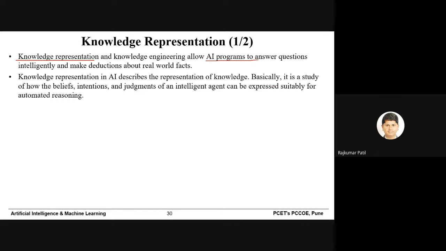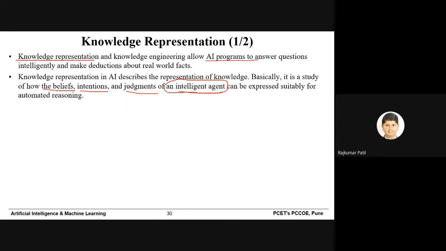Basically, knowledge representation is a study of how beliefs, intentions, and judgments of an intelligent agent can be expressed suitably for automated reasoning. When we say intelligent agent, it could be an intelligent system, for example a robotic system, or it can be a computer program. That is called an intelligent agent.